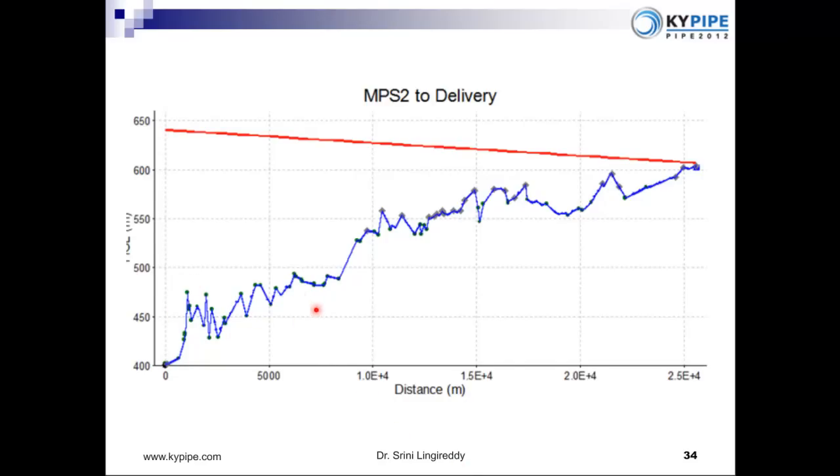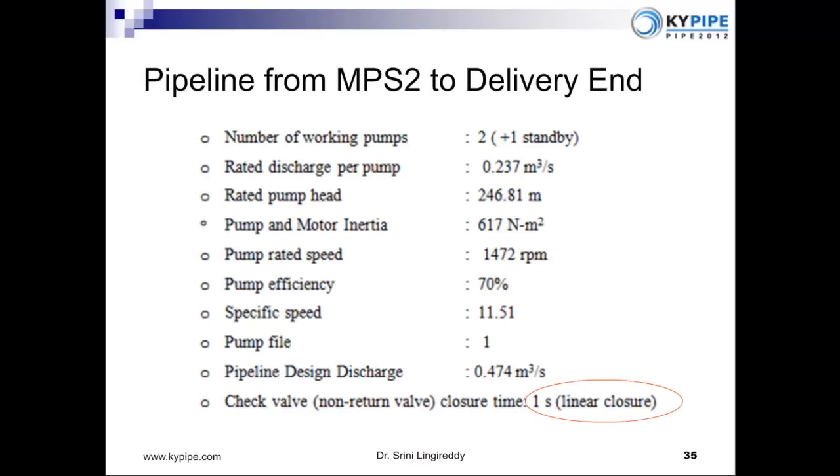It's a very rugged terrain, but that's not the point. So here, I want to make use of these dynamic characteristics to validate my assumption. I used 1 second linear closure for the swing type check valve that was placed in this pump station, and I wanted to know whether that assumption is valid.